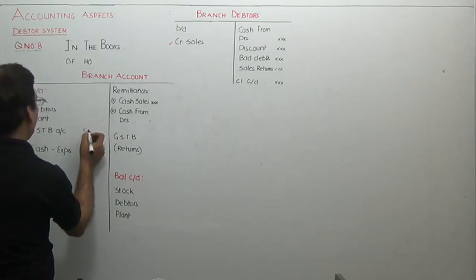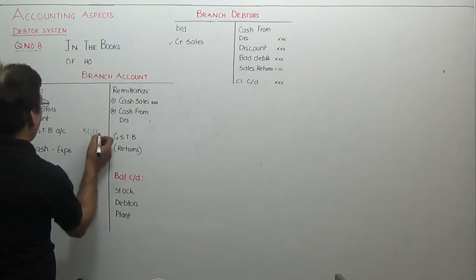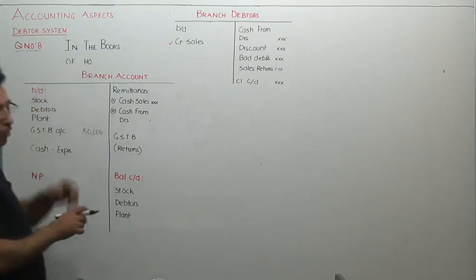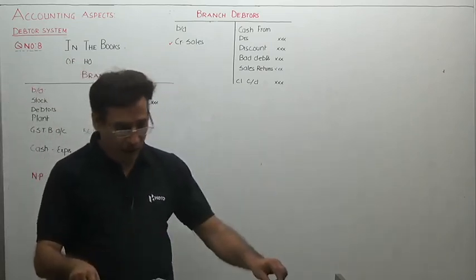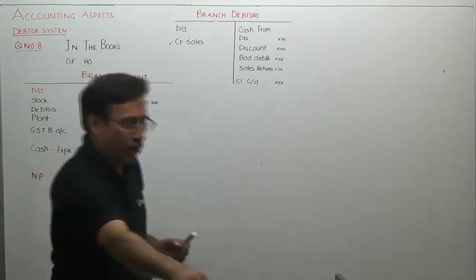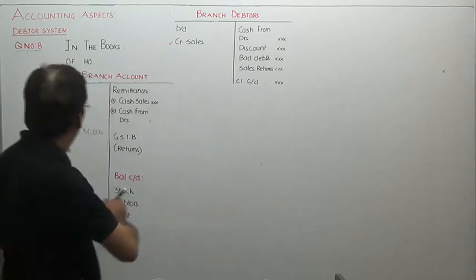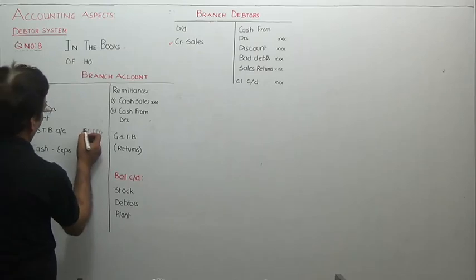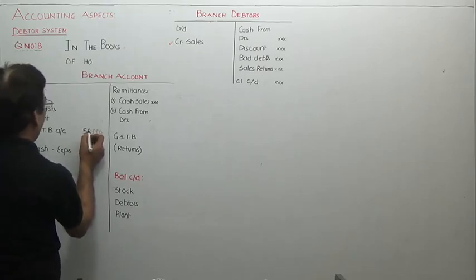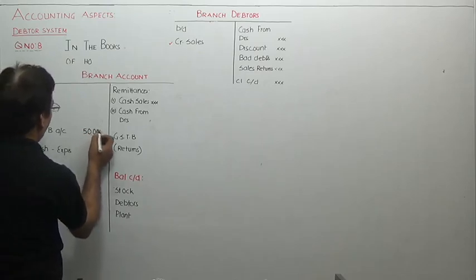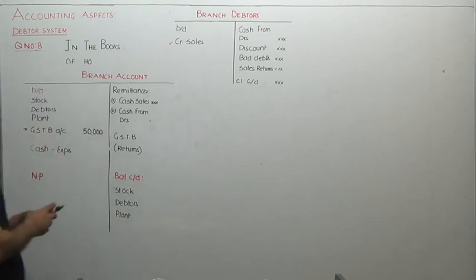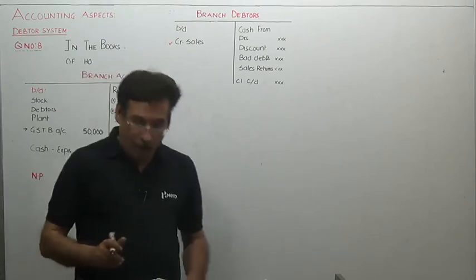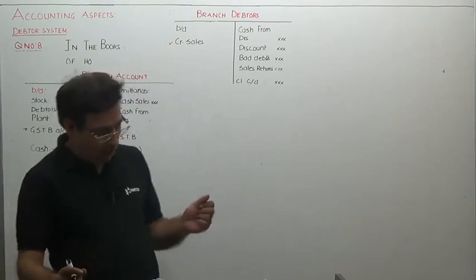You will write 50,000 on the debit side of the branch account, in the books of head office. So 50,000 worth of goods have been sent. Your entry will be branch account debit to goods sent to branch account. It is easy for you.